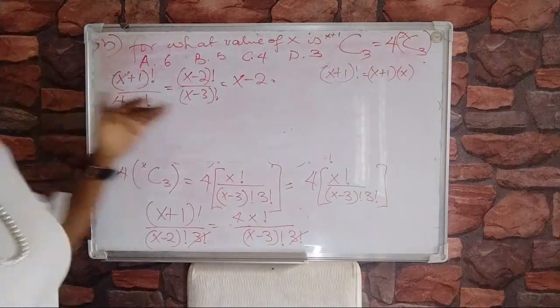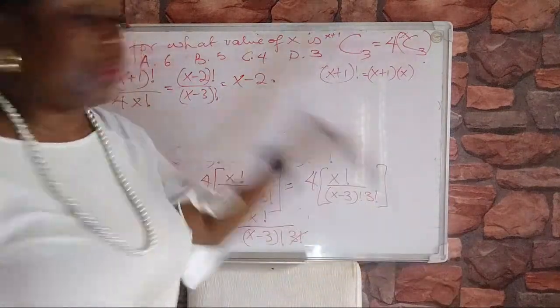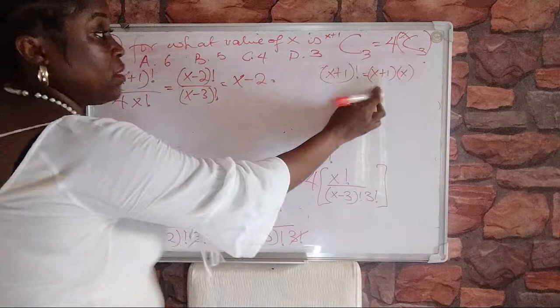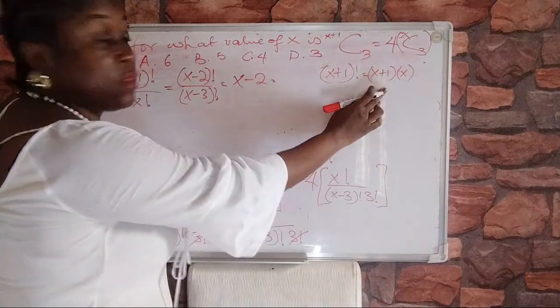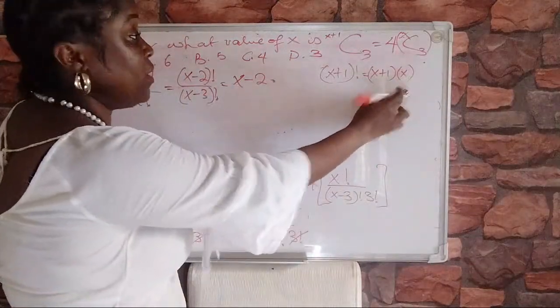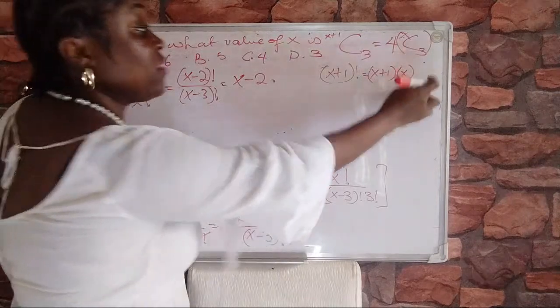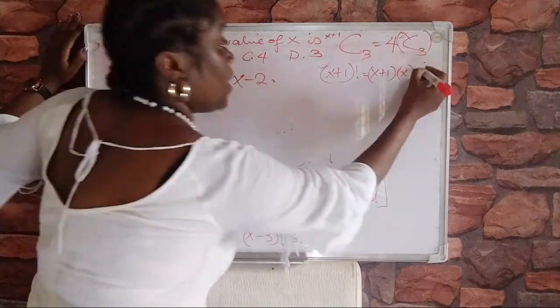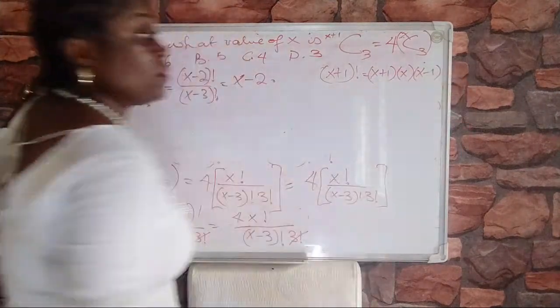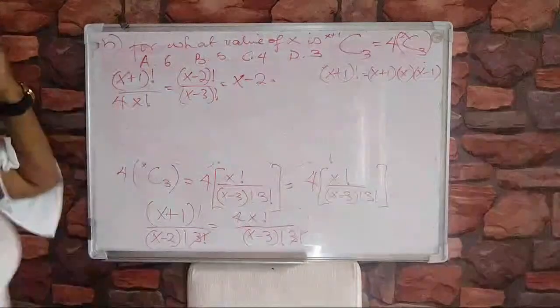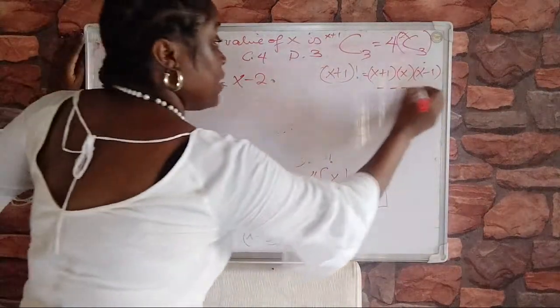You know, it goes in descending order. It reduces. So if the number is x plus 1, the next consecutive number will be x, and then the next consecutive number will be x minus 1. It's reducing, right? And it keeps multiplying till 1.